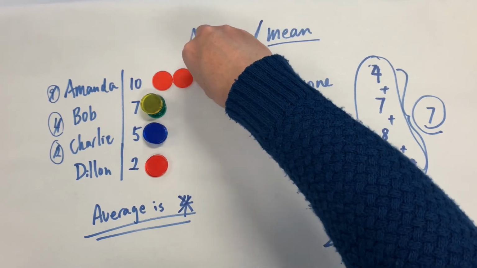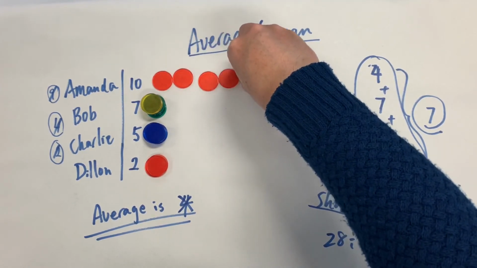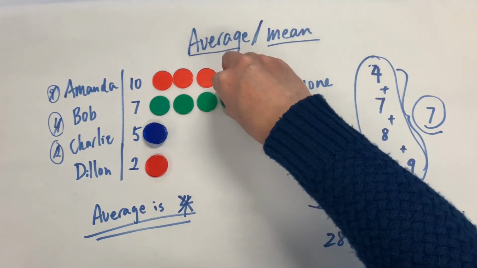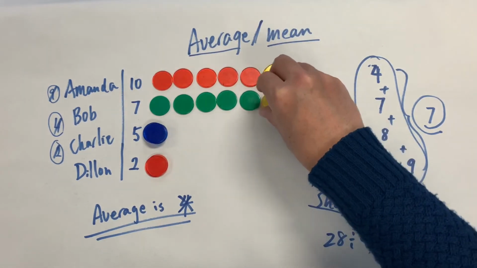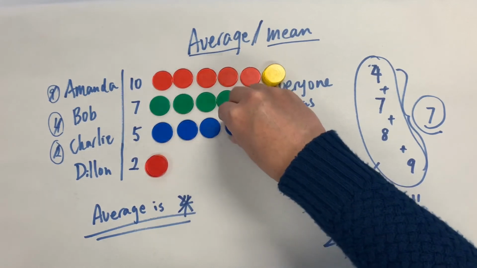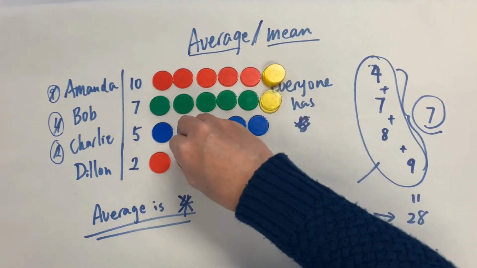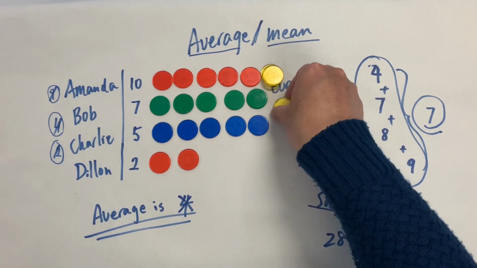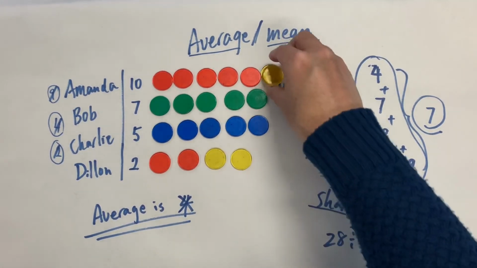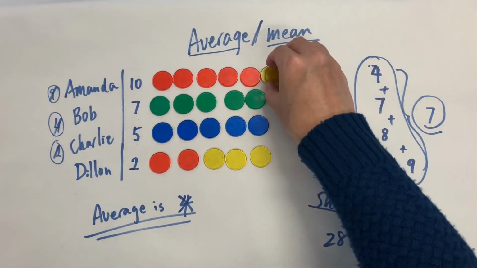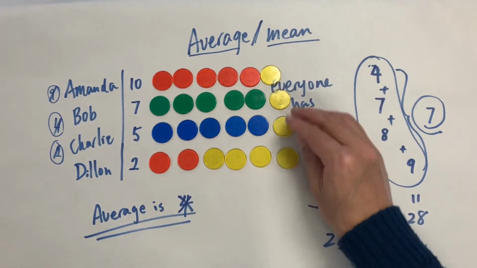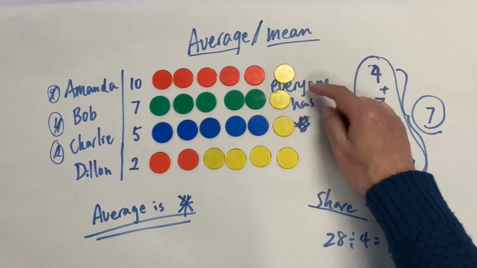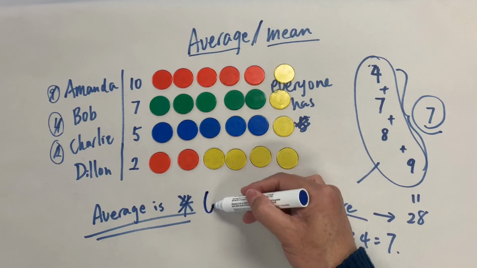So let's see what we can do. I have more here, so I might give this to Dylan and this to Dylan. And if we share nicely, that's average is now 6. Average is 6.